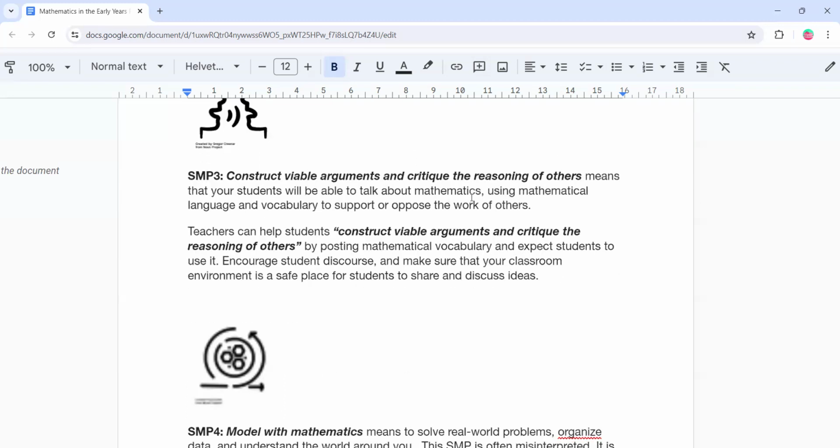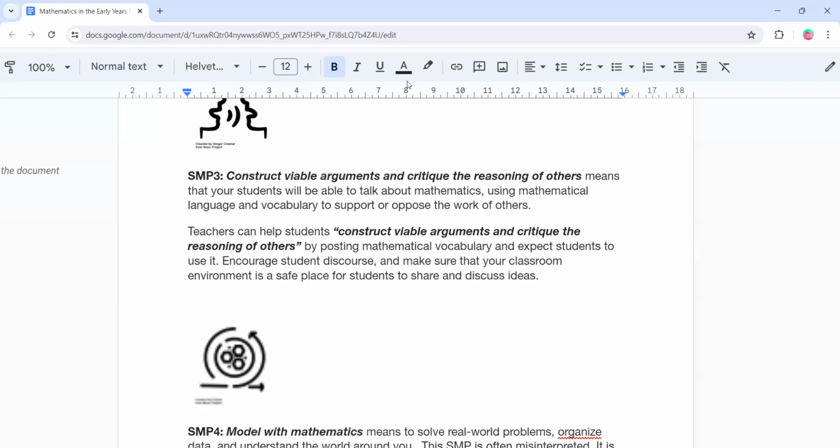The third rule is construct viable arguments and critique the reasoning of others. This means that your students will be able to talk about mathematics using mathematical language and vocabulary to support and oppose the work of others.